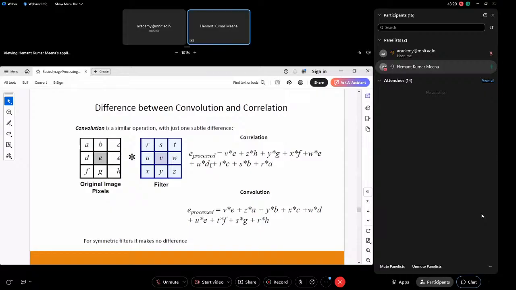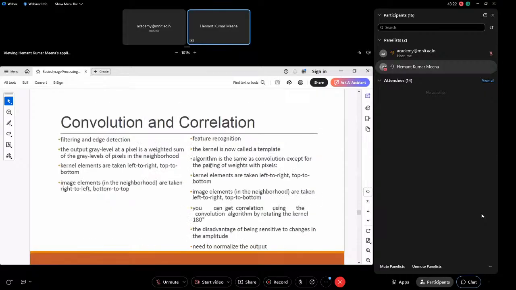So this is a key thing. Whenever you talk about the filter, it is the convolution operation which decides it. Overall, convolution is used for filtering and edge detection. Kernel elements are taken left to right, top to bottom. There's a certain order when you perform these operations.